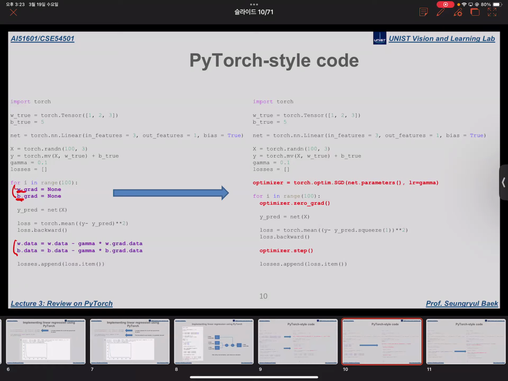Okay, so for each variable, you have to initialize their gradient value as none. Otherwise this gradient value may have some garbage value inside, if you do not explicitly assign this none value. And also the thing is, actually, the gradient values are added to this initial value when you call loss.backward.